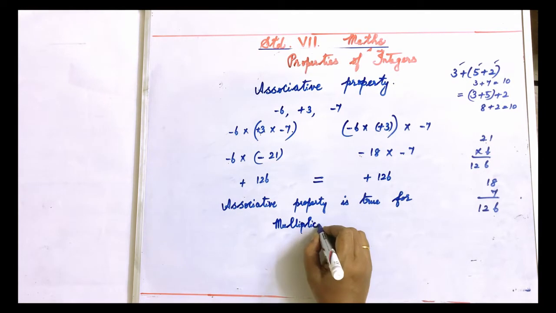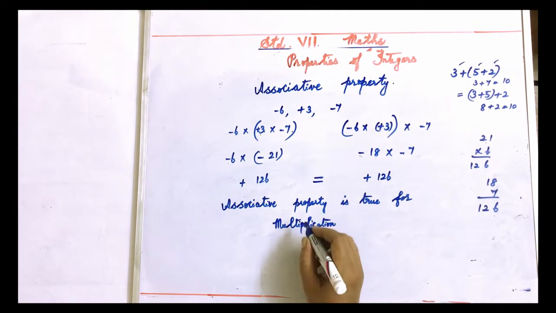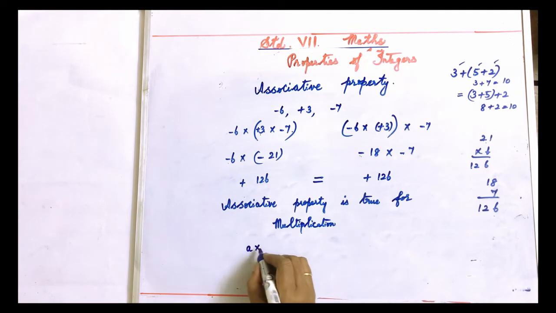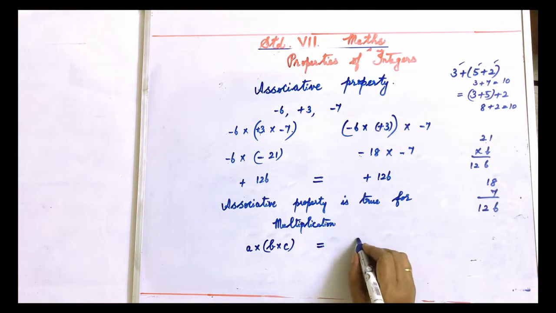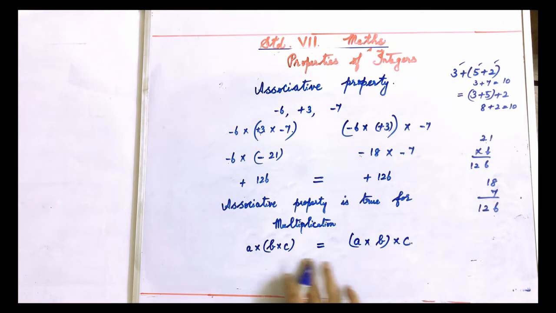So we can write this as A into B into C is equal to A into B into C. So this property is called the associative property of multiplication of integers.